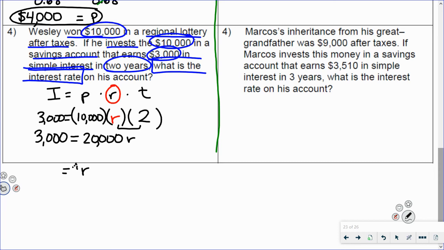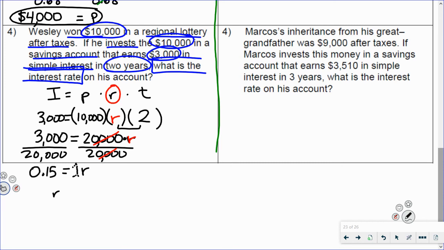We want to know what a single R is. So let's go ahead and get rid of that 20,000. The inverse of multiplying by 20,000 is to divide by 20,000. 20,000 divided by 20,000 cancels out. Hey, look at what that leaves us with. R equals 3,000 divided by 20,000, which is a rather strange number.